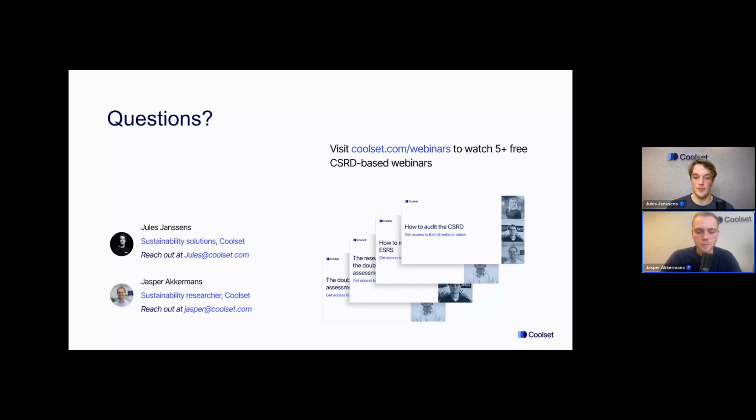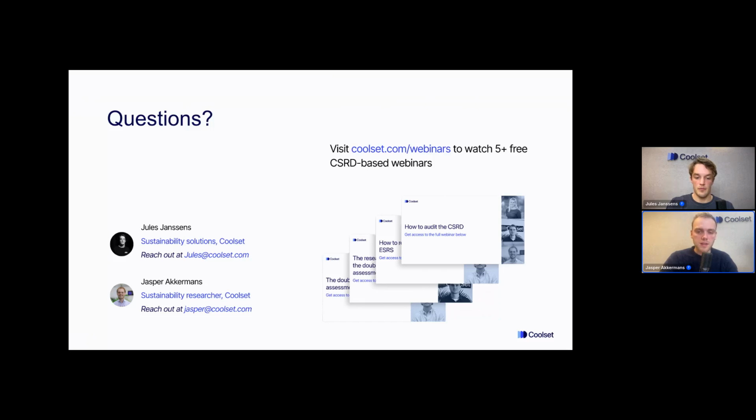Good question. So what we're doing at Coolset these days is we're scanning the horizon for good reports to look at. And off the top of my head, I can give you some reports to look at, which I think are quite good, with the disclaimer that ESRS E1 is not mandatory yet. So none of them have been audited in line with the ESRS yet. Some good ones that I can recommend are from Ørsted, a Scandinavian company.